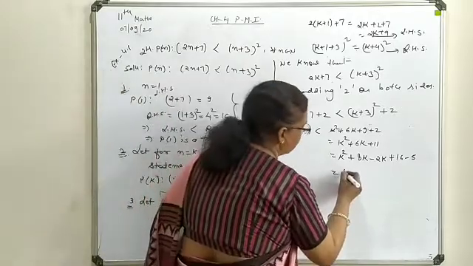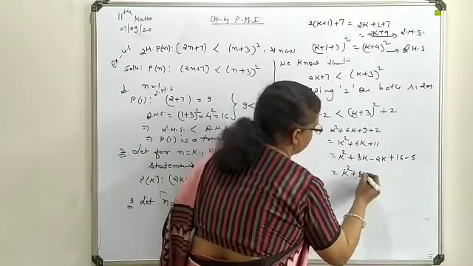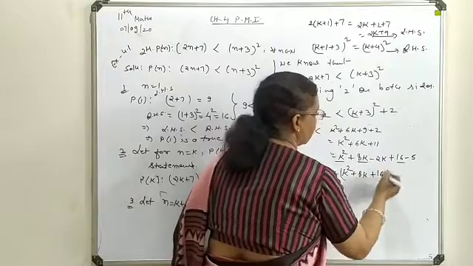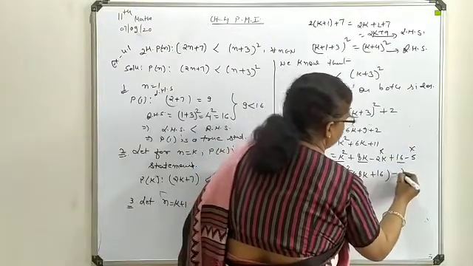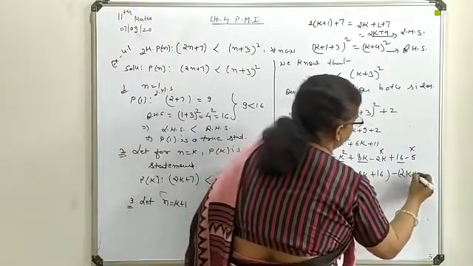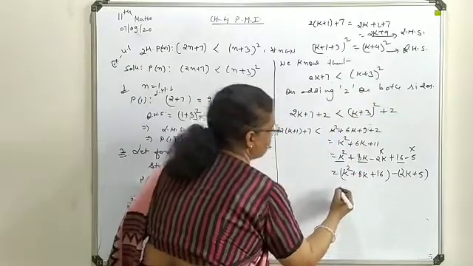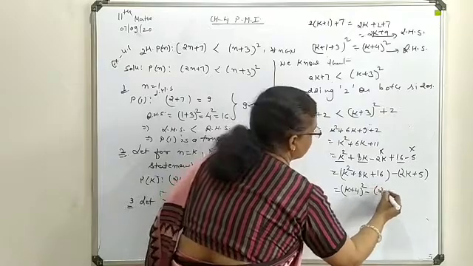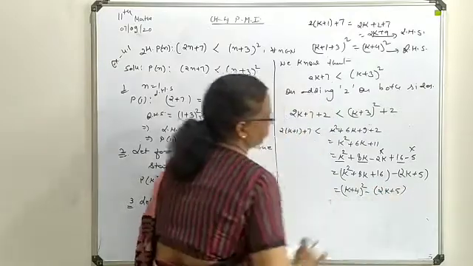Now combine your required terms. In these two, you can take minus common. So inside this much is left. This you can convert as k plus 4 whole square minus 2k plus 5.